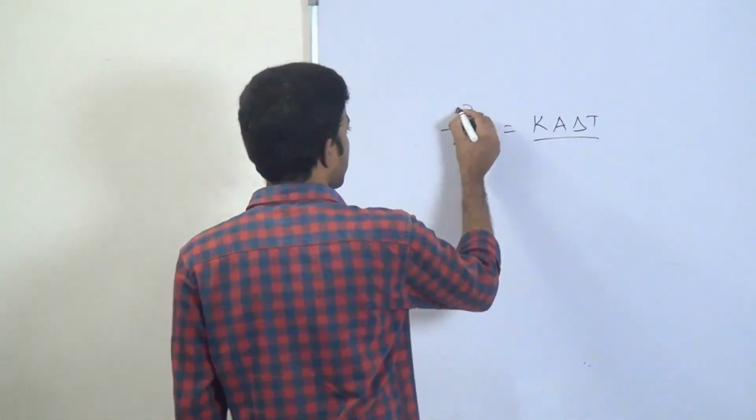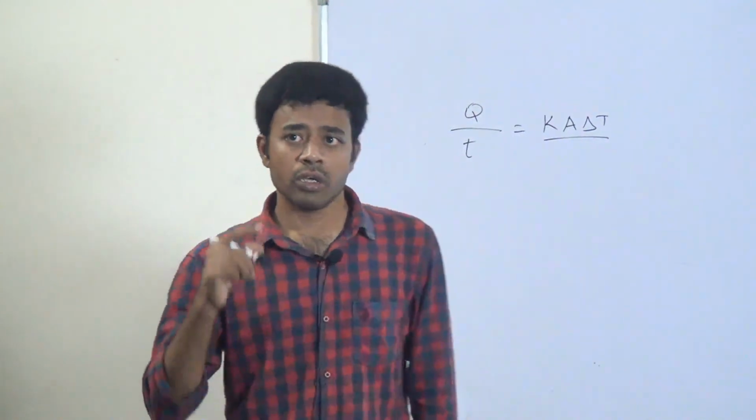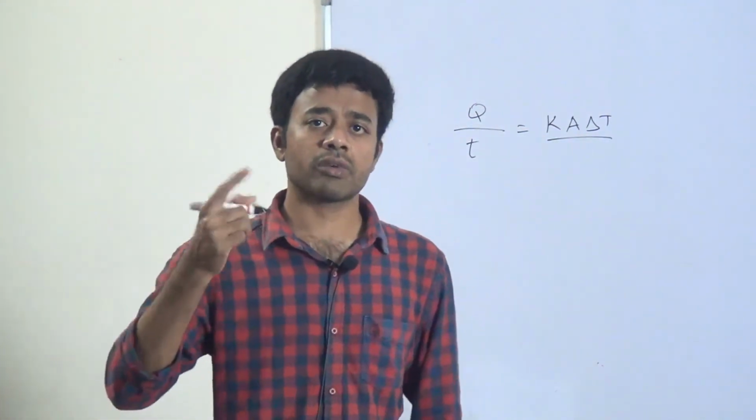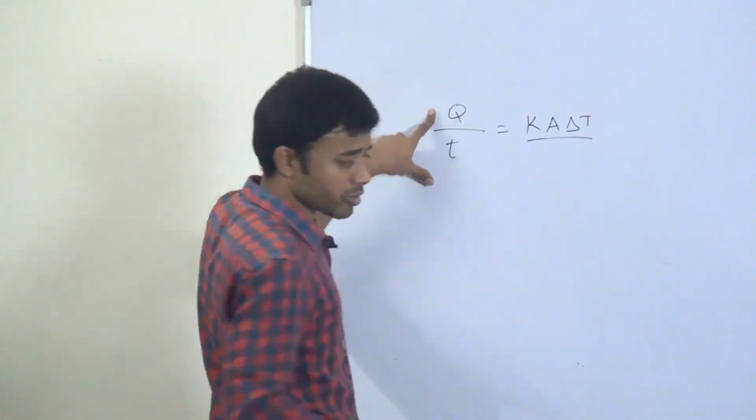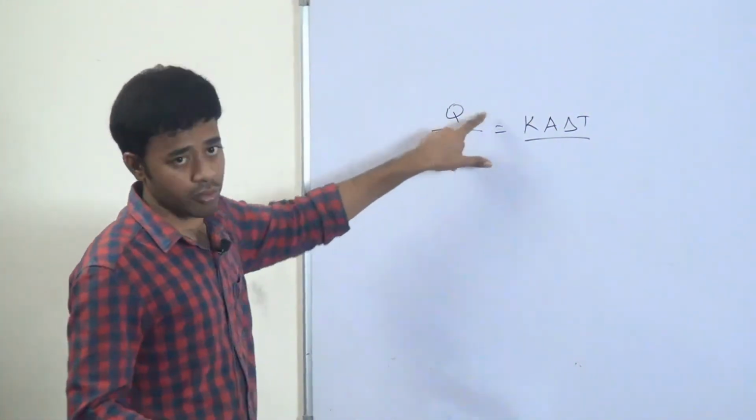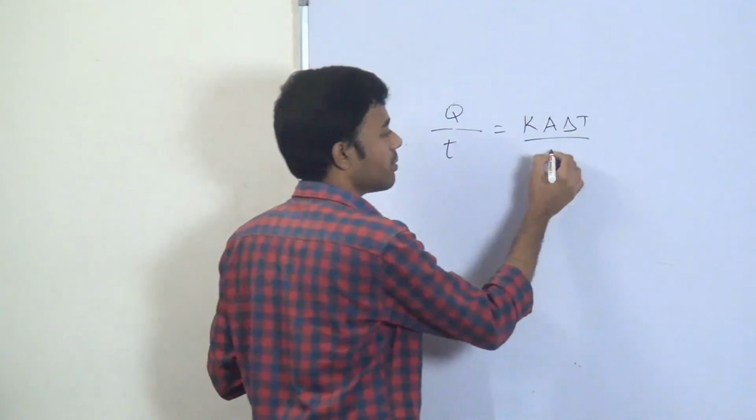So here we have Q by T. Q by T is the rate of flow of heat, meaning the heat is flowing with respect to time. So Q by T equals K A delta T by D.